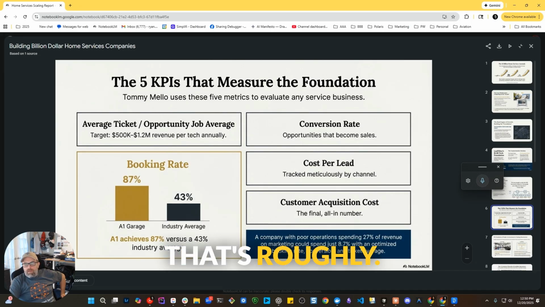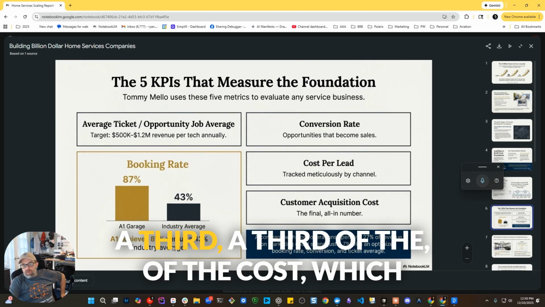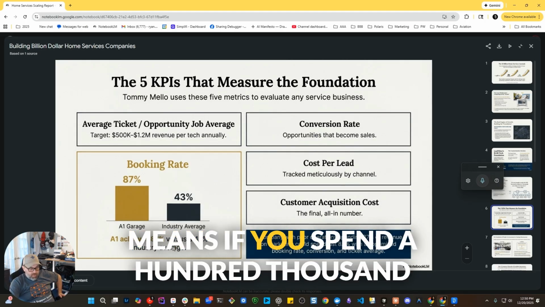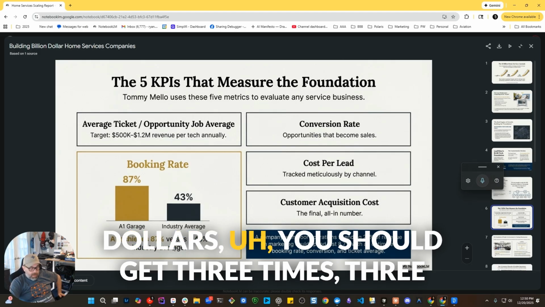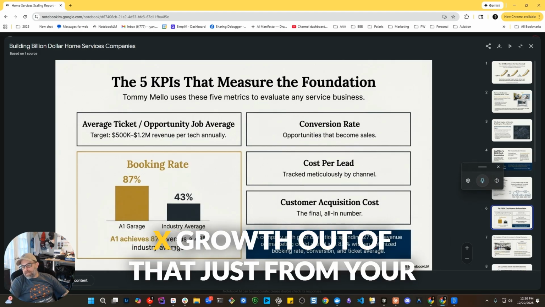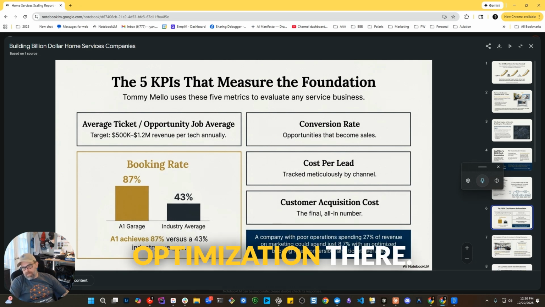That's roughly a third, right? A third of the cost, which means if you spend $100,000, you should get 3x growth out of that just from your optimization there.